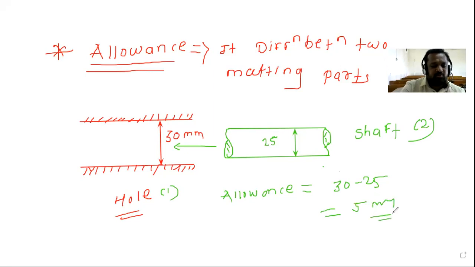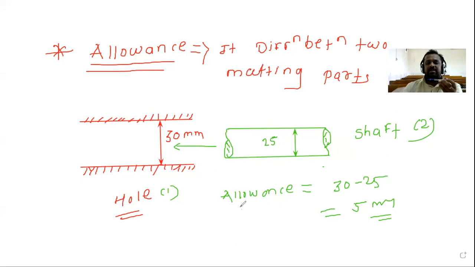Suppose, for example, it is visible to all. You have to assume it is the hole, and this is the shaft. We have inserted that shaft into this hole. Then what is the difference between the two mating parts? Meaning, if we insert two parts into each other, is there some difference or not?